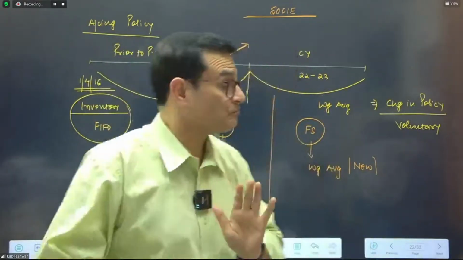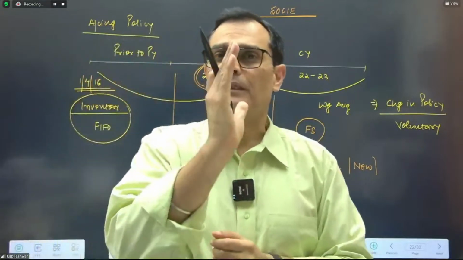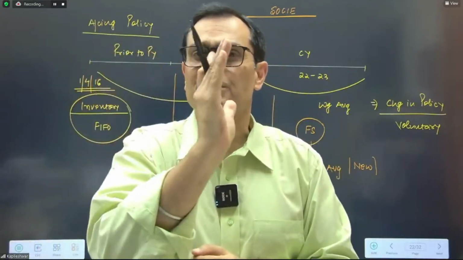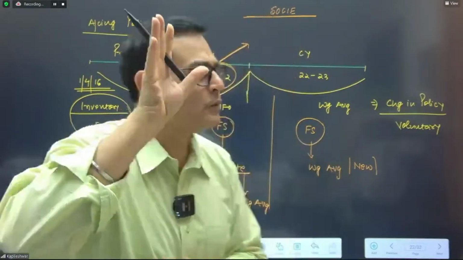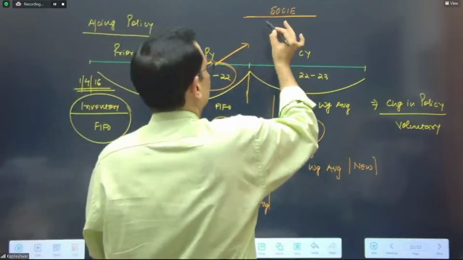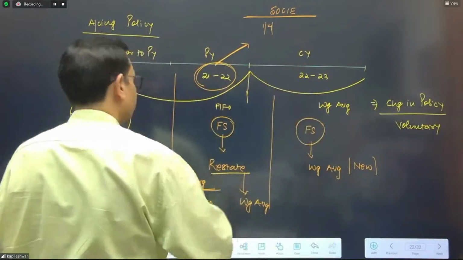Okay, wonderful indeed. So SOCI has a total of 3 tabs, and if you remember, the middle tab is called the reserves and surplus, in which you have retained earnings. So what the company would do is consider the balance on 1st April 21.